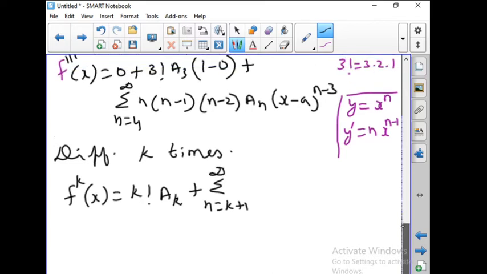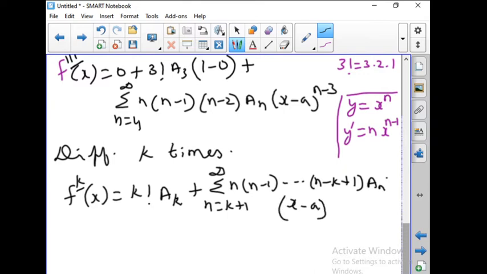See here, triple dash of x இருந்துச்சுன்னா n equal to 4 to infinity வருதா? அப்போ இங்க k எடுத்திருக்கிறதுனால என்ன வருது? n equal to k plus 1. Okay, k plus 1 to infinity n into n minus 1 etc. up to n minus k plus 1 an into x minus a the whole power n minus k.